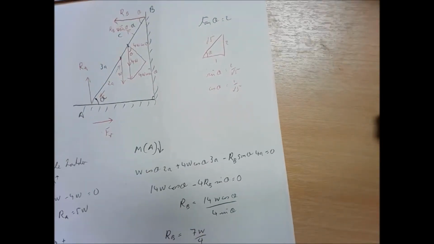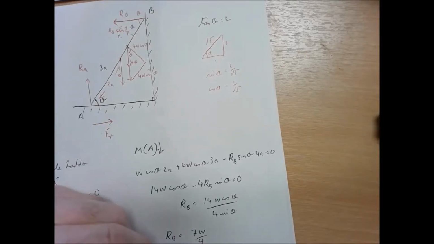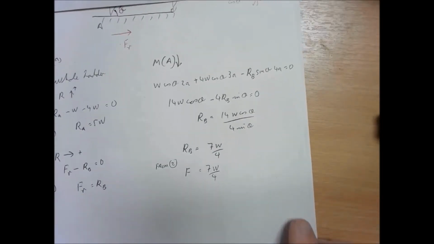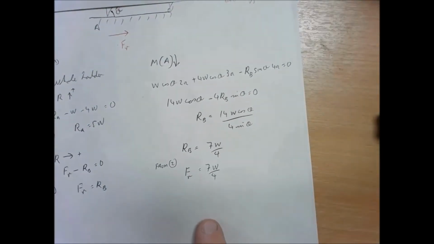Now from equation 2, I know that is equal to the friction. So friction equals 7W over 4. And then from equation 1, I know that the reaction is 5W. Now, that's friction. Friction equals mu R.